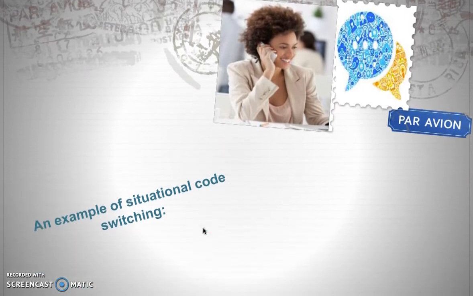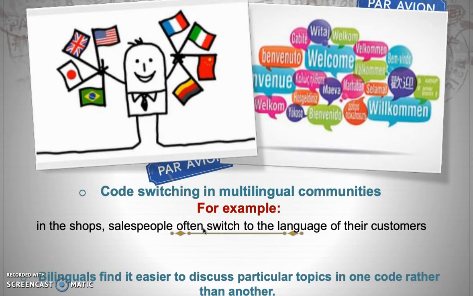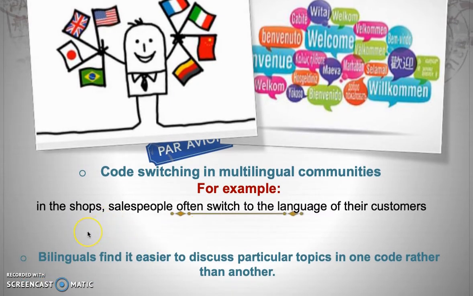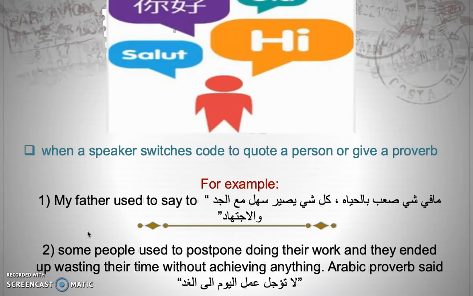An example of situational code switching can occur in shops. Salespeople often switch to the language of their customers. And of course, bilinguals find it easier to discuss particular topics in one code rather than another.